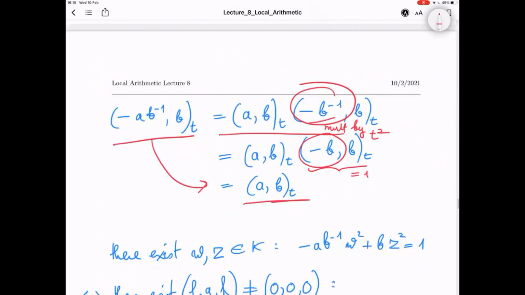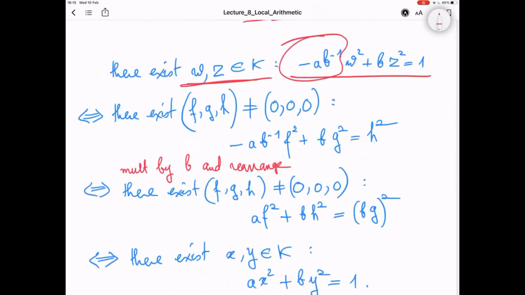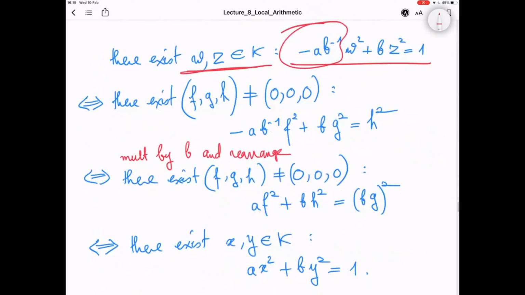Similarly, if there exists w, z satisfying this equation, where the coefficient is this one here, then we have seen that if such an equation has a solution, then the corresponding homogeneous equation has a solution different from 0, 0, 0.